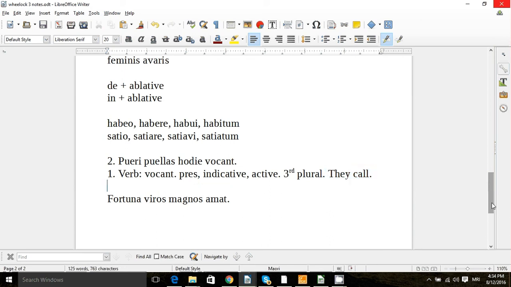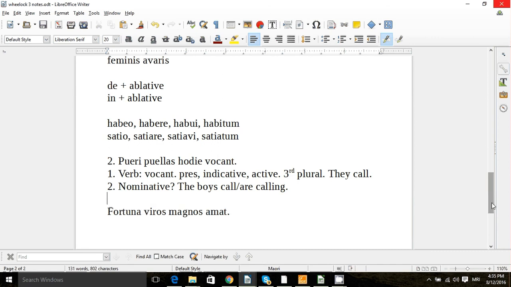Step two, is there a nominative to serve as the subject? It has to be plural since our verb is plural. Sure enough, we've got pueri, the boys. The boys call, or are calling, present tense. Third, do we have an accusative to serve as the direct object?